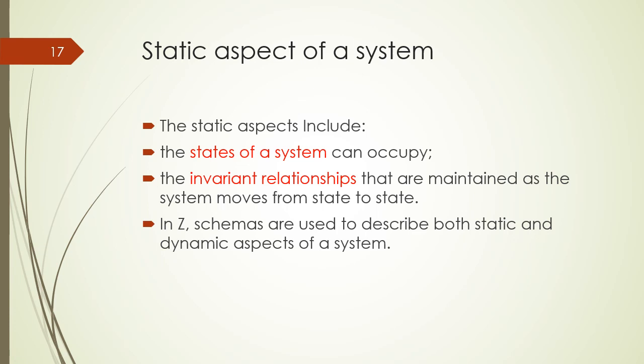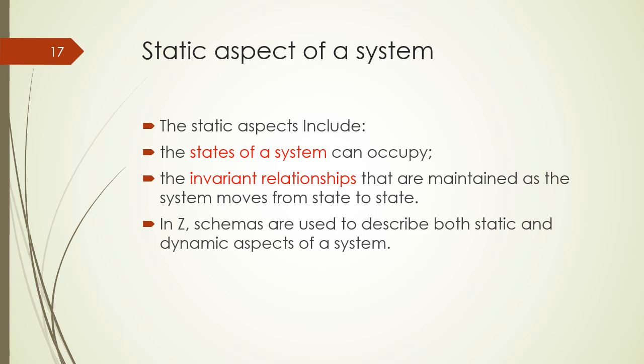We already discussed that a software design is directly concerned with the structural aspect as well as behavioral aspect of a software, and structure of a software is related to the static aspect of a software, and state of a system or state of a software actually represents the static aspect of a software.